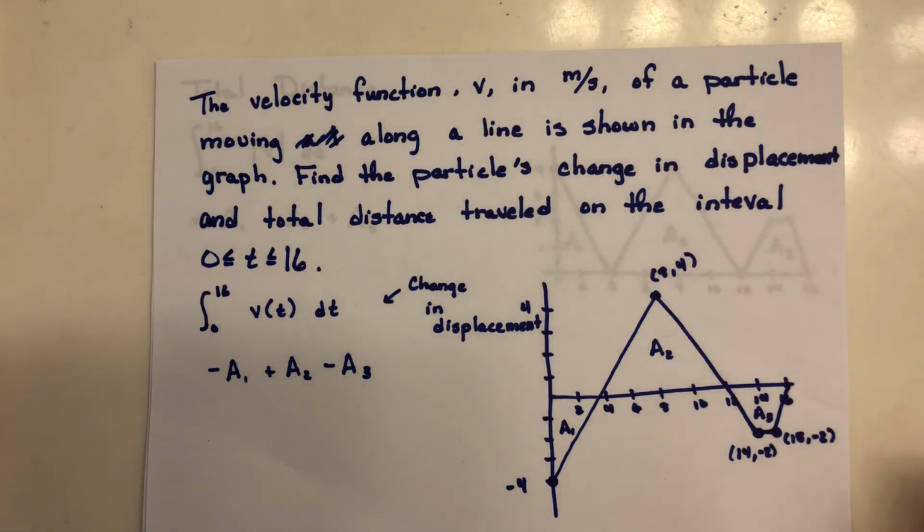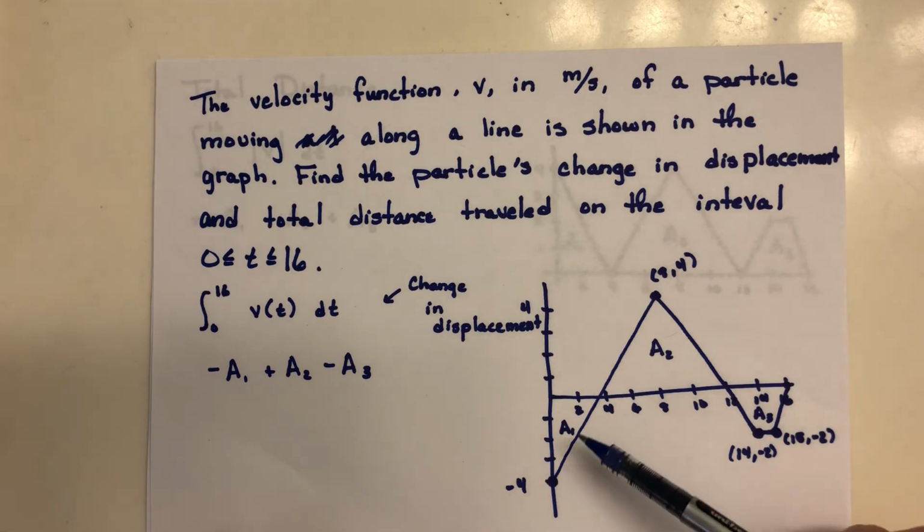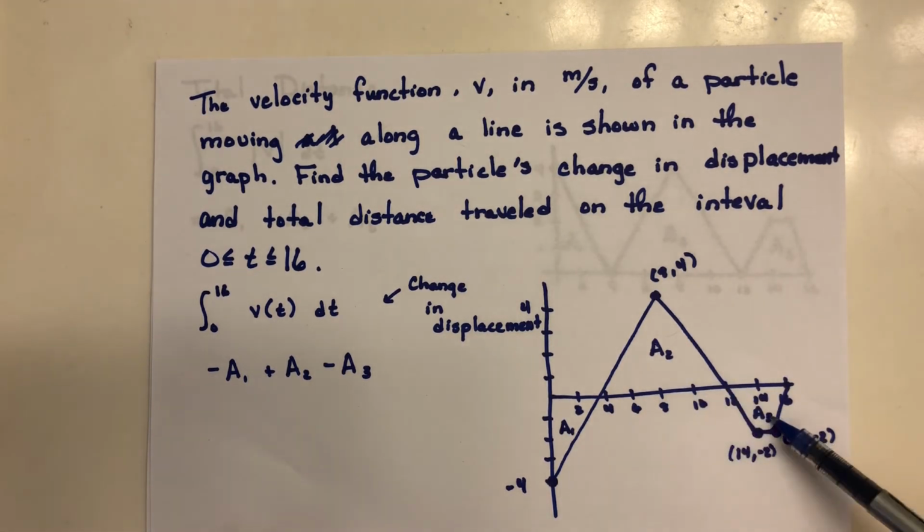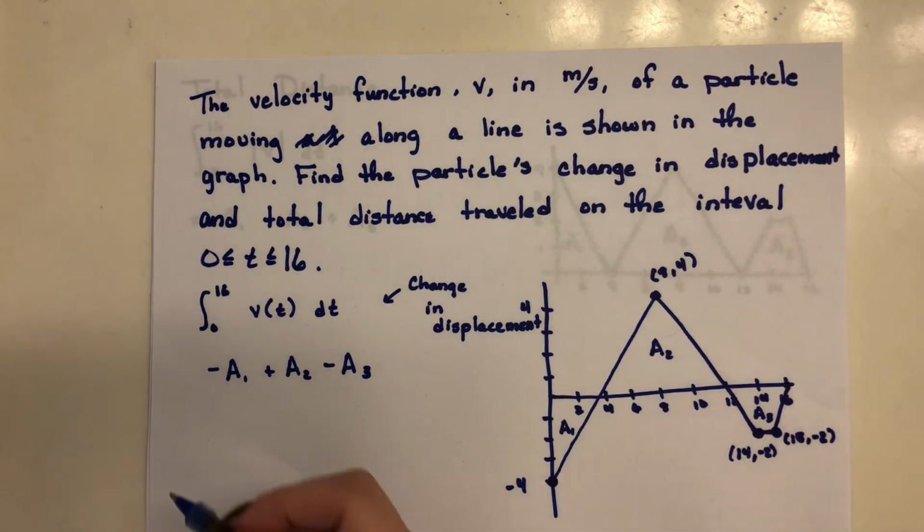And they would like to know a couple of different things about it. So the first thing that they would like us to figure out is finding our displacement. So remember, we're going to be looking at an integral, which is area under the curve. Now, this one's a little weird because as you can see, you have a triangle and a trapezoid. So we're going to use what we know about these shapes to help us figure out our problems.